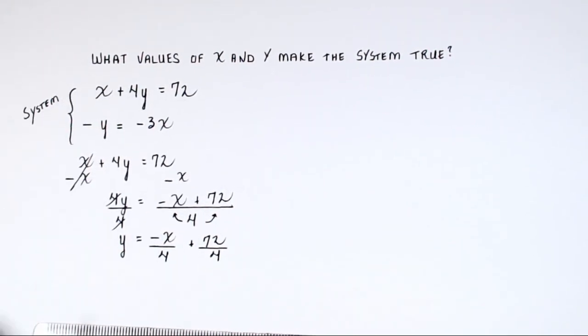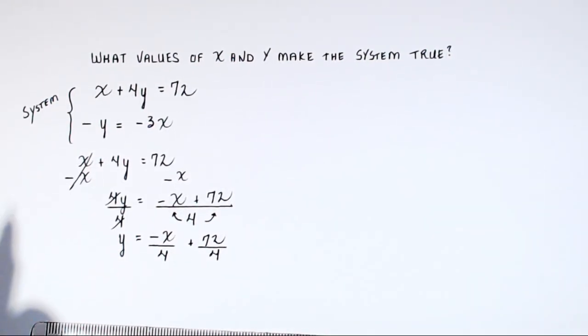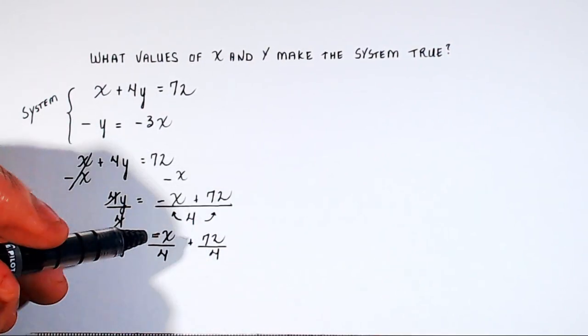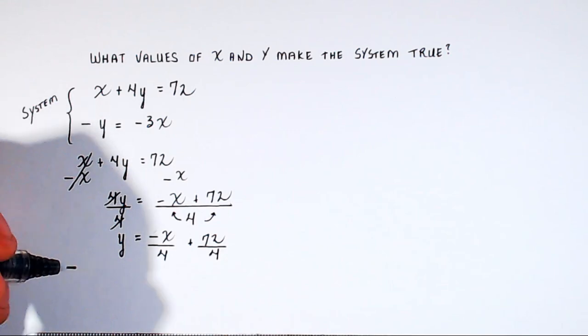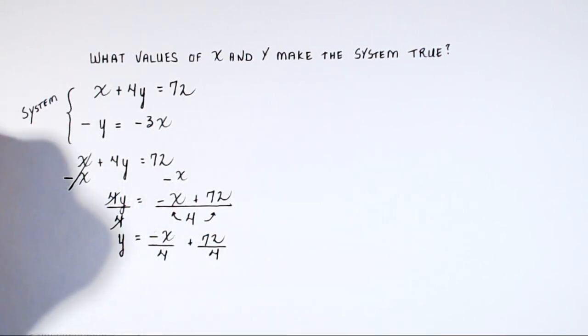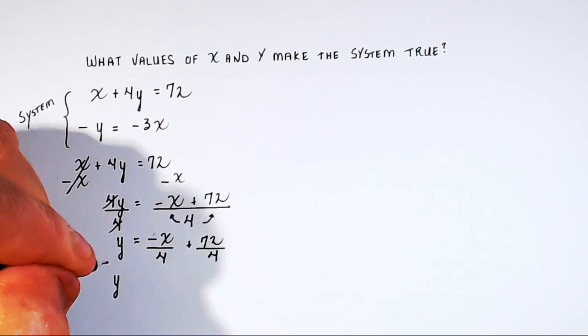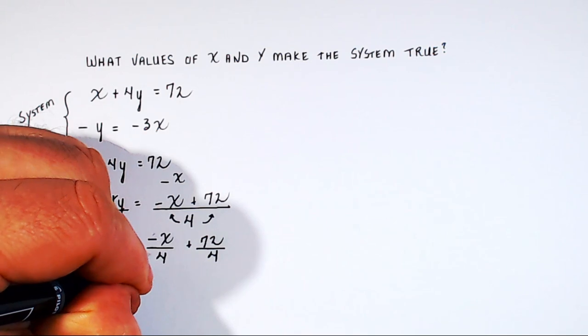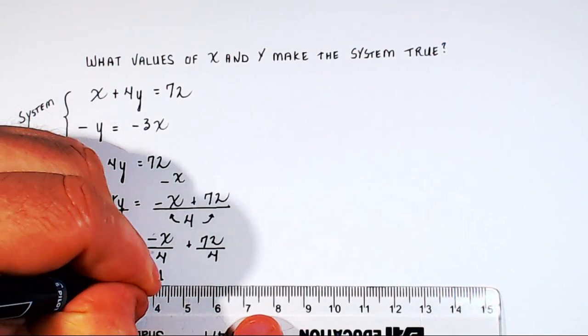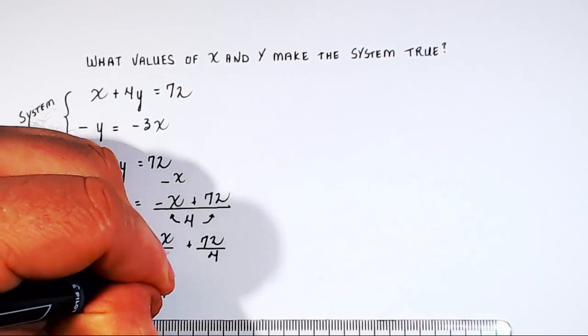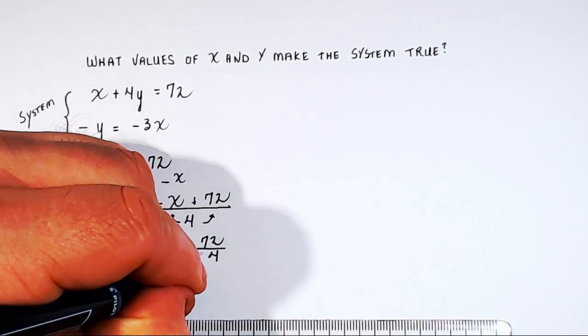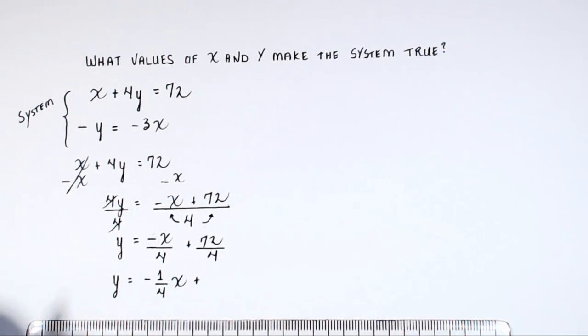Well, is there any way I can rewrite this to be a little bit more clear? Sure. Negative x over 4 is the same thing as negative 1/4 times x. So I can rewrite this: y equals negative 1/4 x plus, and now what's 72 divided by 4?